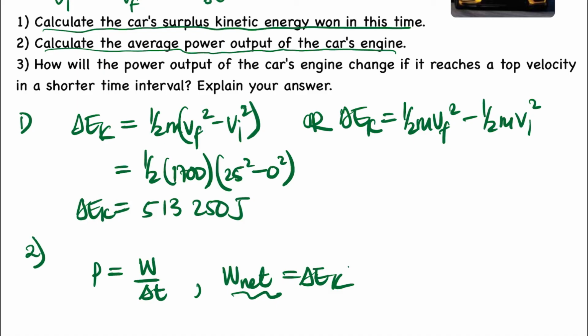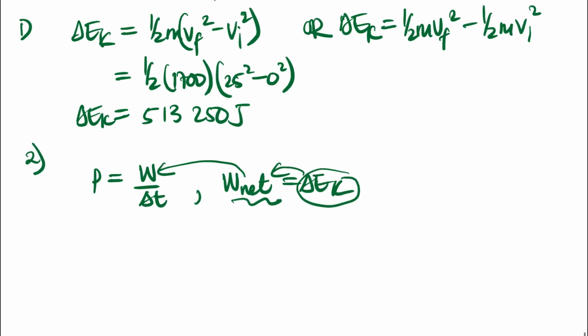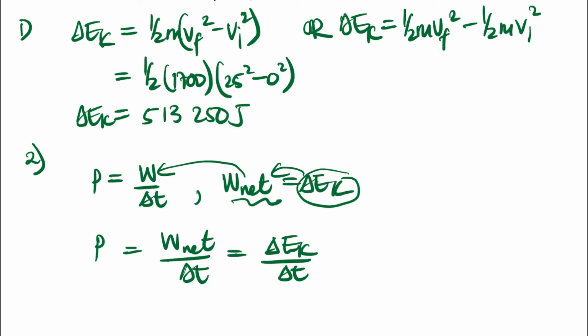So we take this work done and substitute it there. Power is equal to net work over change in t, or we can say power is equal to change in kinetic energy over change in t. That's the work that has been done.